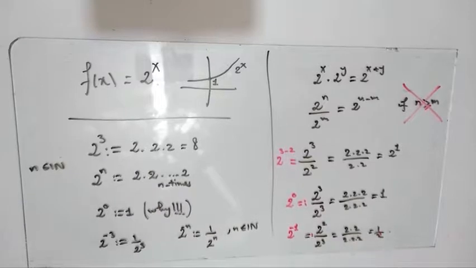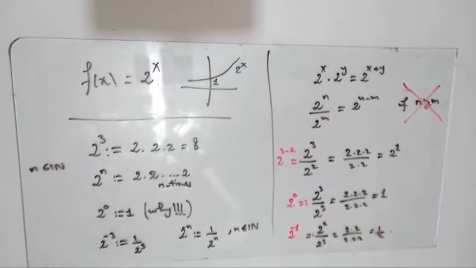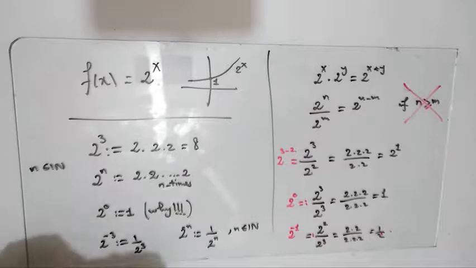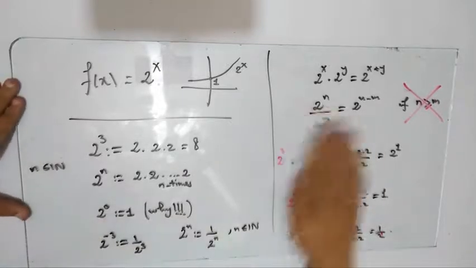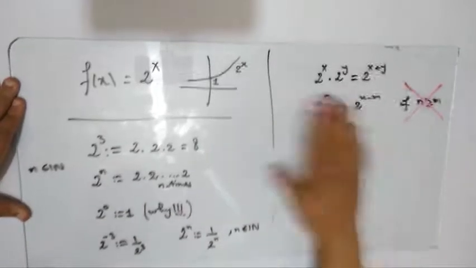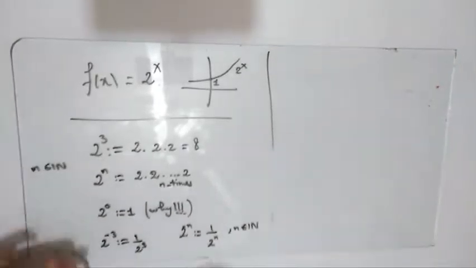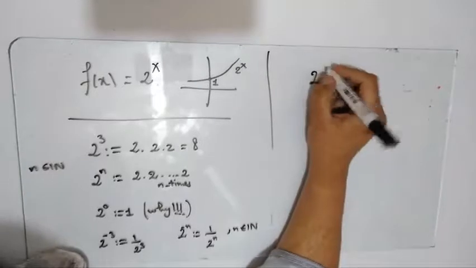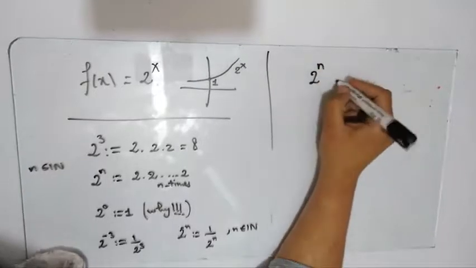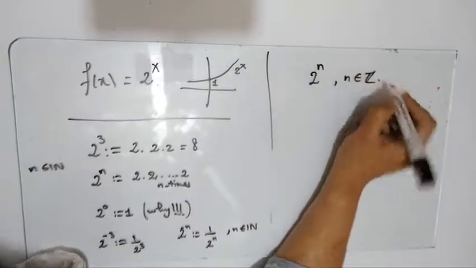So now we know what we mean by 2 to the power x, where x is an integer.